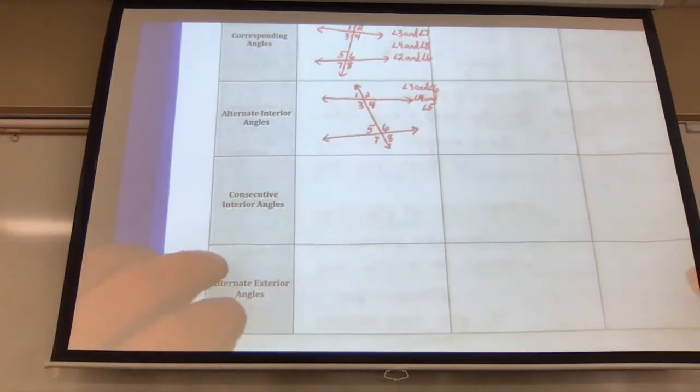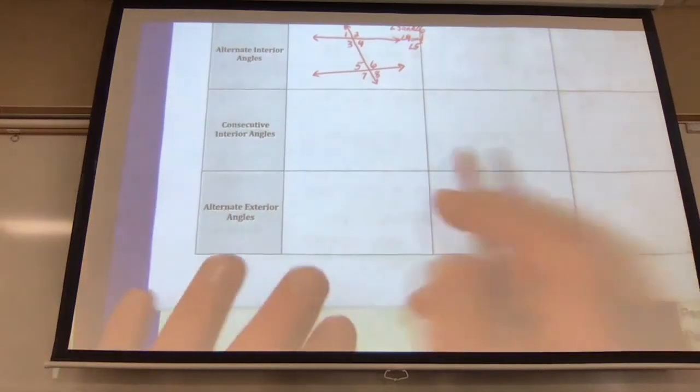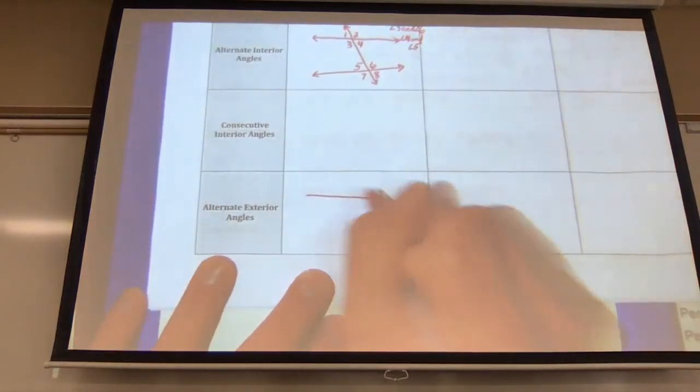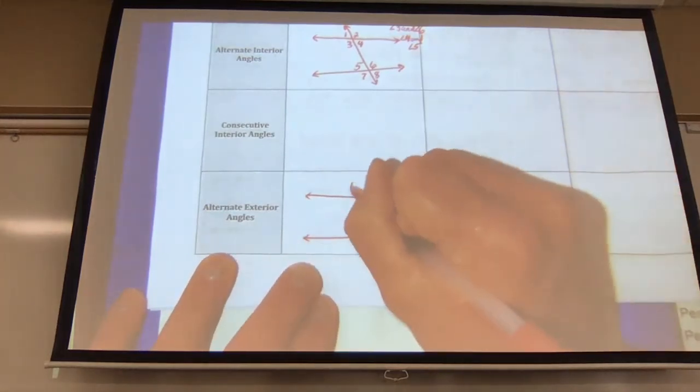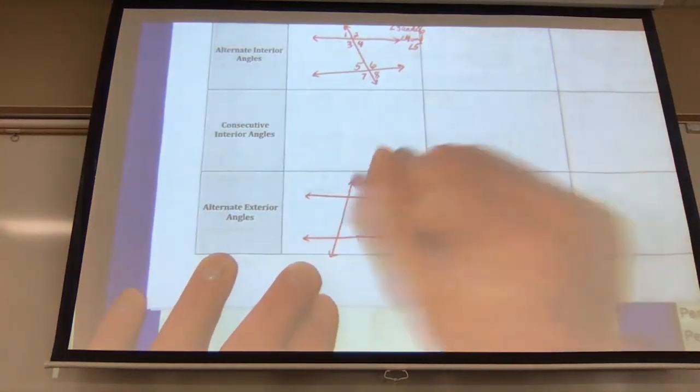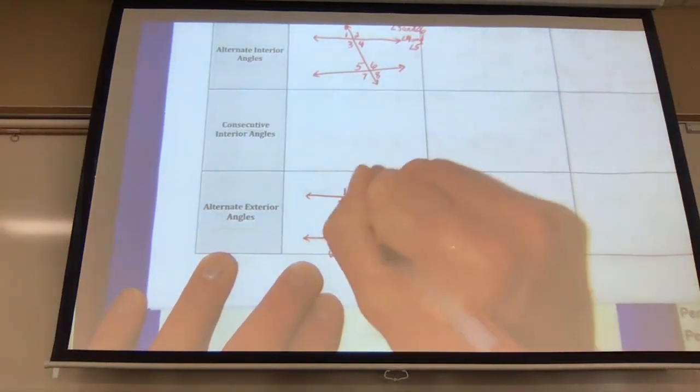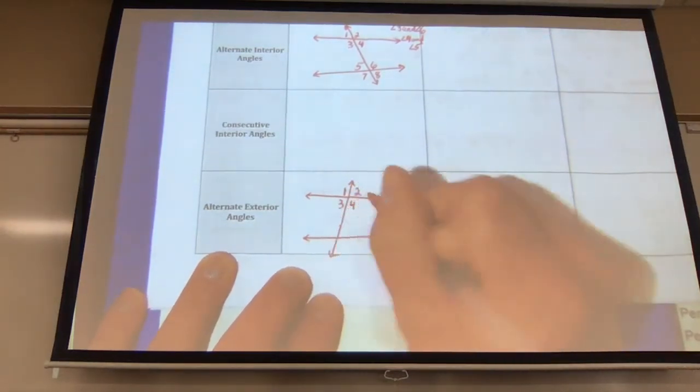Now I'm going to skip down to the bottom. We just did alternate interior. Now let's do alternate exterior. Because once you know alternate interior, it's going to be easier to pick out alternate exterior. We'll just number our angles the same way again, 1 through 8.